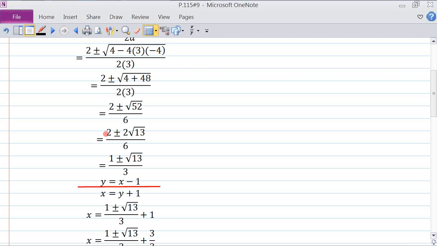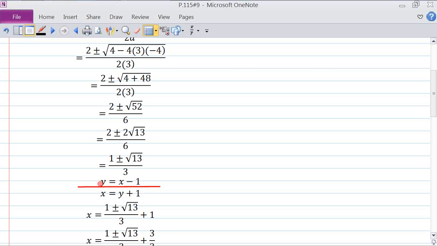So now we can take out a 2 from the top and the bottom, or divide 2 into 6 and we get 1 over 3, or 2 into 2 divided by 6, again gives us 1 over 3. So we get 1 plus or minus root 13 over 3.